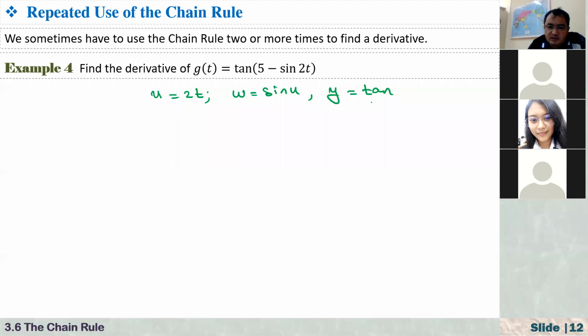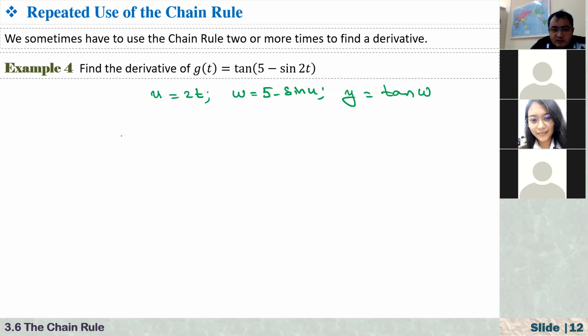let's say, not sine of u. Let me just take this w as 5 minus sine of u. Then the y function becomes tangent of w. So the chain rule says that here we have three different variables.